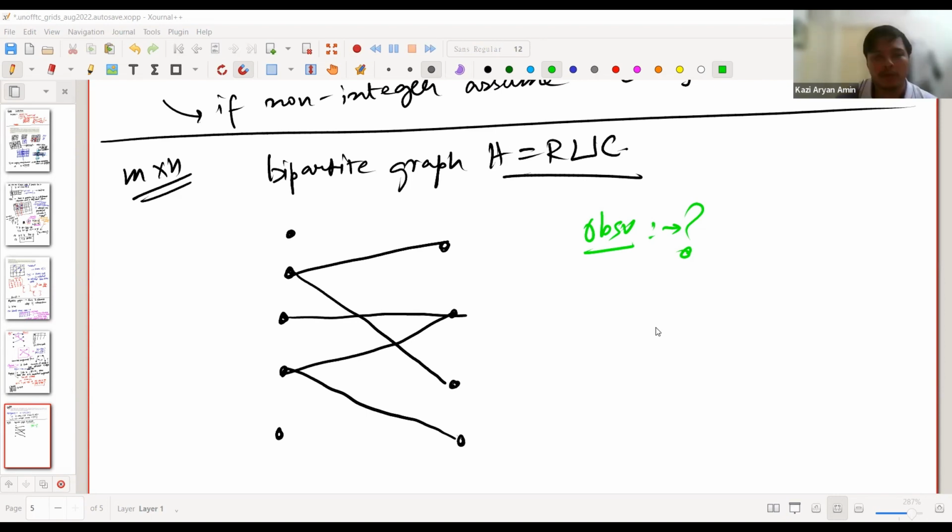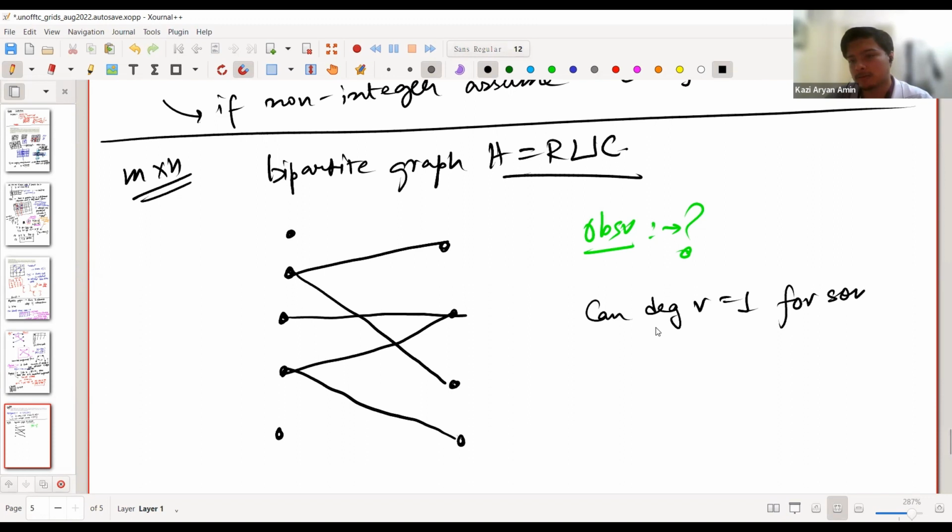So what I was hinting at is rather simple. So suppose you have any vertex x. Okay, so what can you say about its degree? Can it have degree 1? If it has degree 1, that means that it has only one non-integer entry in that entire row or that entire column, right?